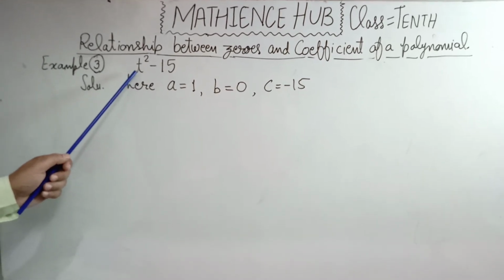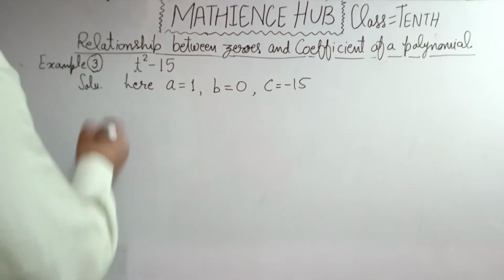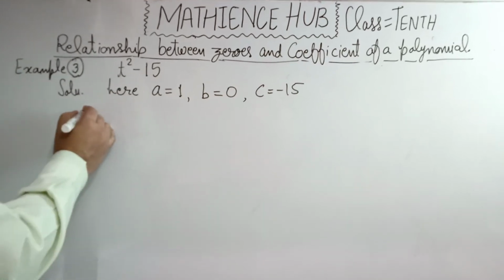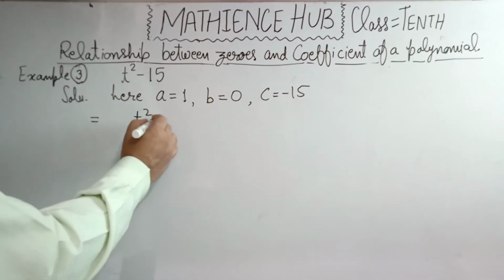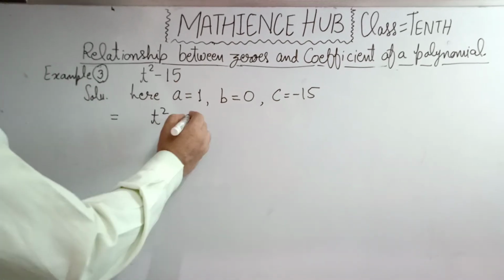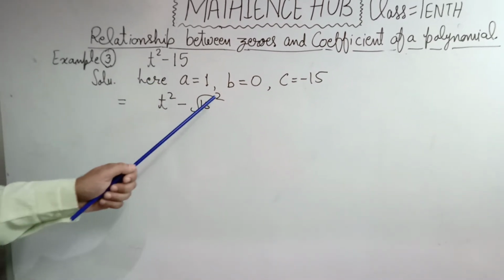We solve this example by identity. You know the identity a square minus b square. We solve this quadratic polynomial by the a square minus b square identity. t square minus root 15 square. 15 is the square of root 15.